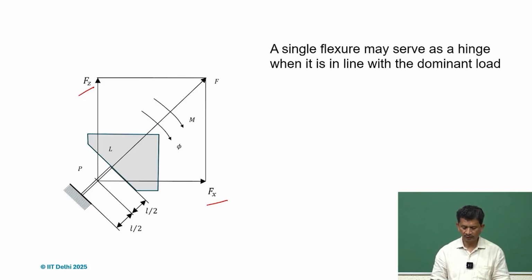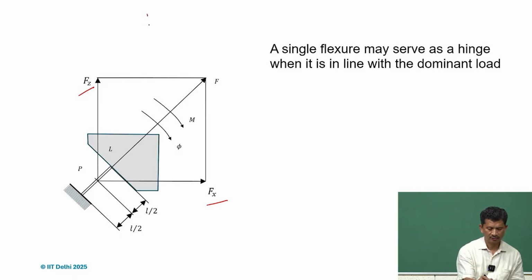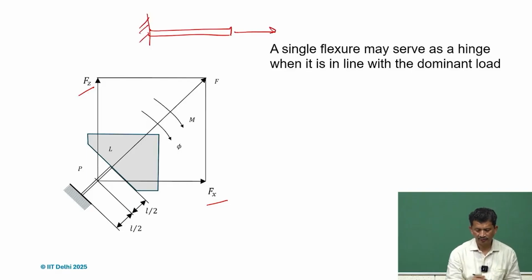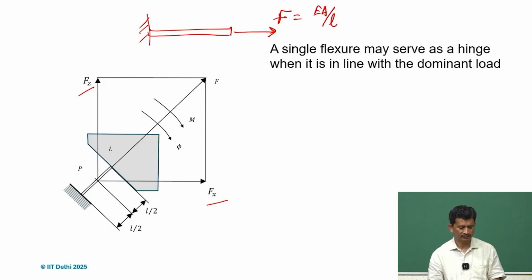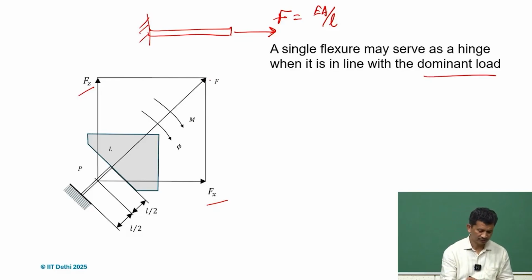So yes, we know that if this is the beam, and this F is acting along the length, along the longitudinal axis, it is relatively stiff, so it's EA by L. So it's an axial stiffness. So if we know there is a dominant load and the direction is more or less known, then what is important is, this is the dominant load.